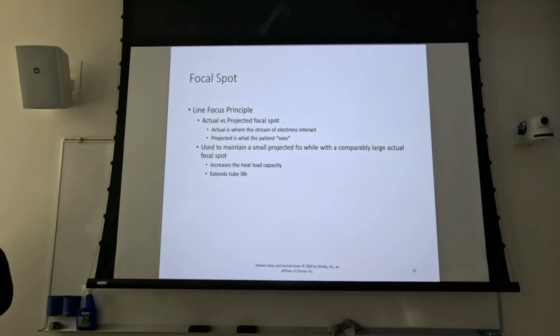But since we have to do that, the smaller the angulation, the steeper that anode, the greater the sharpness of recorded detail that we have. We have a greater heat capacity. Remembering that we have three different ways to conduct heat, or to get rid of heat. One is conduction, one is convection, one is thermal radiation.